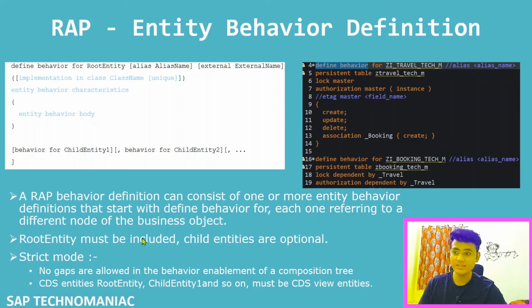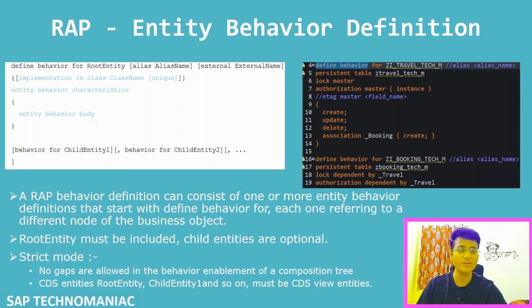The root entity is mandatory, as I told you, and in strict mode, whenever we create the behavior definition, there are two things we have to make sure of. First, there should be no gap. Suppose we have the root entity, then a child entity, then a grandchild entity. Suppose you have defined the behavior definition for the root entity, forgot to define it for the child entity, and directly define the behavior definition for the grandchild entity.